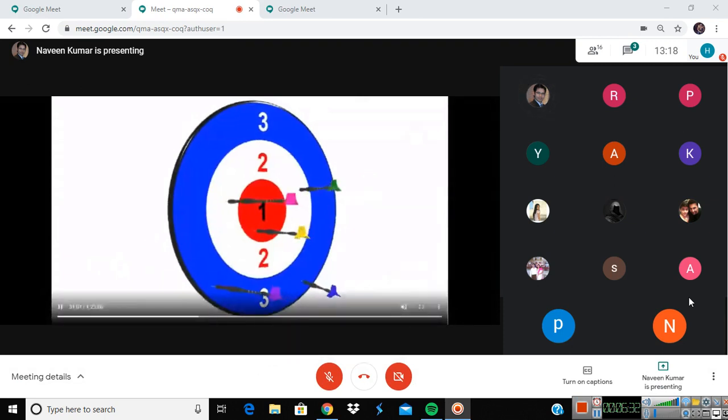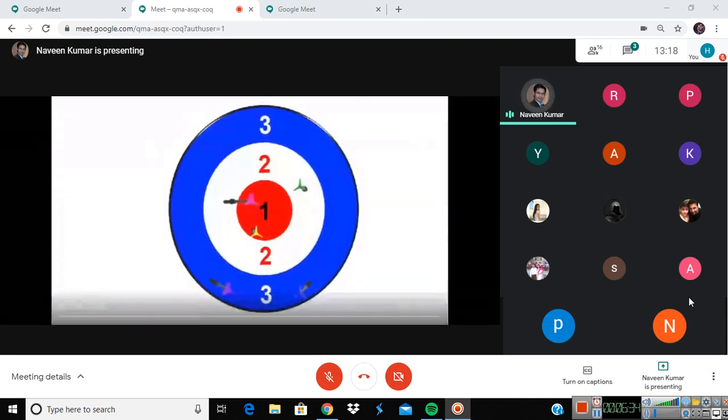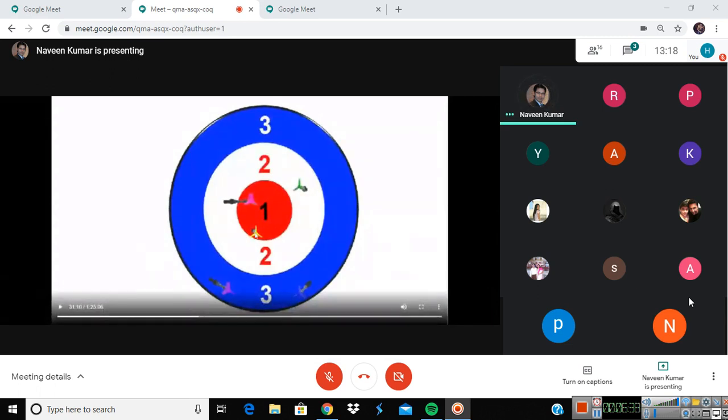Closeness of the measured value to the true or actual value. How close the darts land. Now you can see here this yellow arrow is hitting the target in the red zone. That means this is most accurate. So this is accuracy, that means closeness to the true value, and all the other arrows are not hitting the target in the desired portion, so they are not accurate.